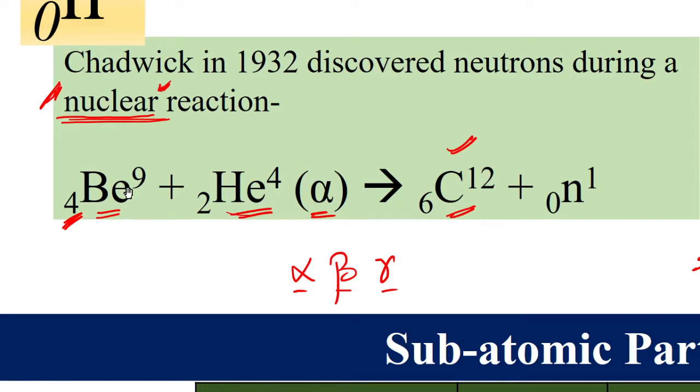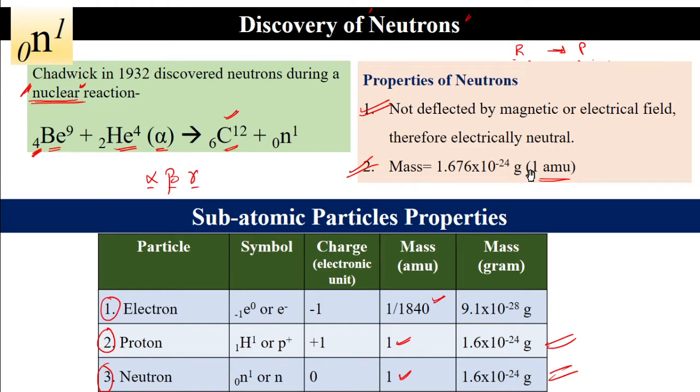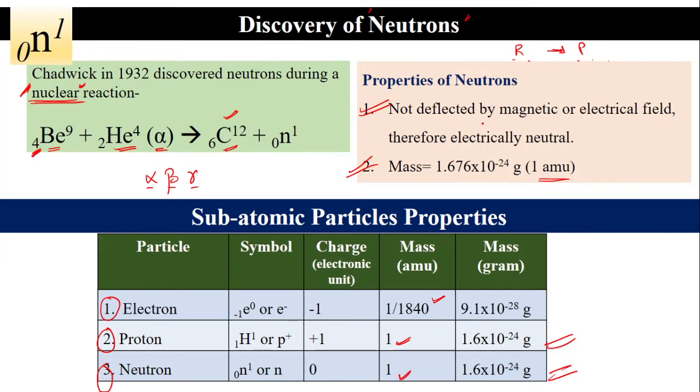So what he found is that some neutral particles are coming outside. They are not attracted by the magnetic or electrical fields, and the mass is also equal to 1 AMU. That is the neutron.